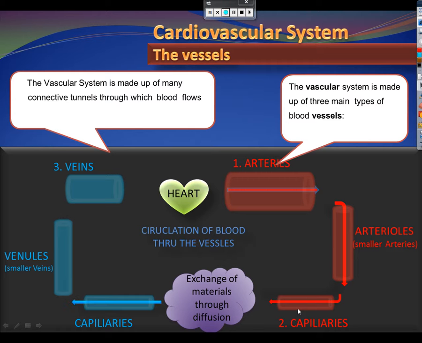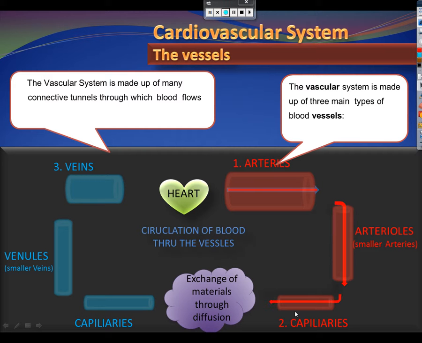You have millions of capillaries located throughout your body. Capillaries, in fact, are so small that red blood cells can travel through there, but they have to travel in a single file line. They can't even travel side by side. The space is very limited.